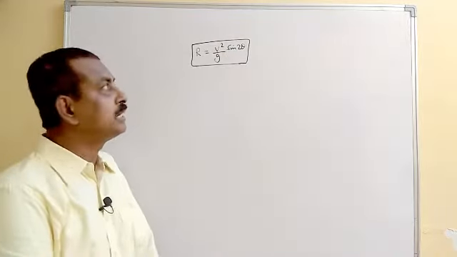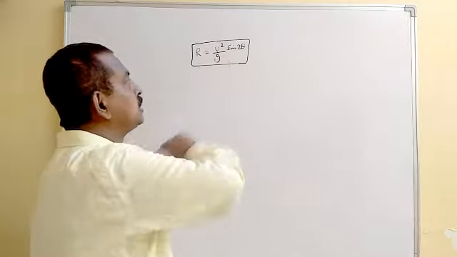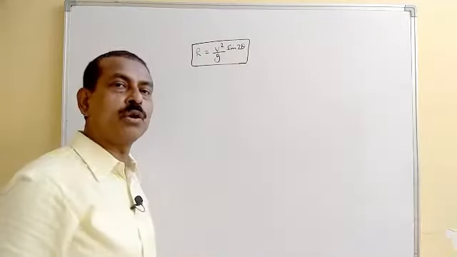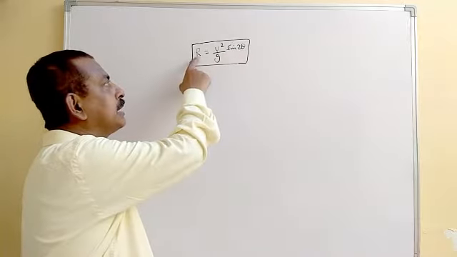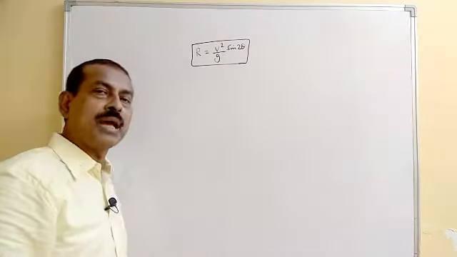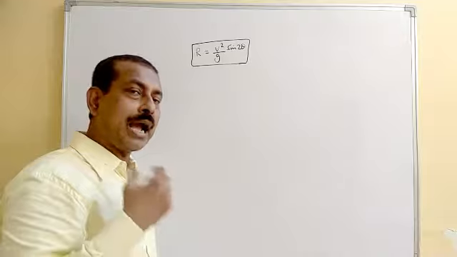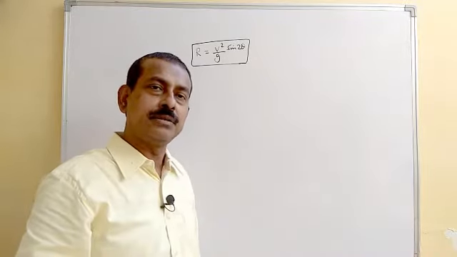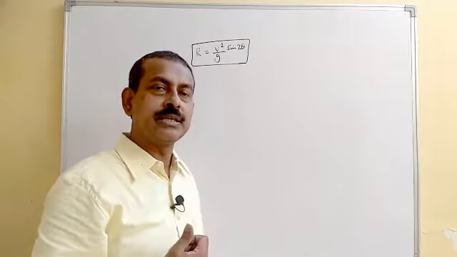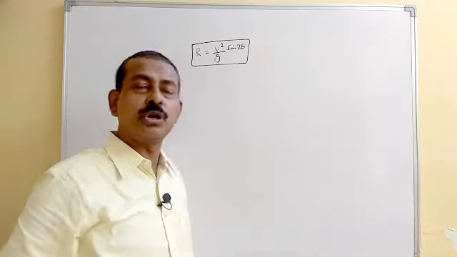Now you can see that this depends upon the velocity and also on the angle of projection. With increase of angle, sine theta increases, so the range should also increase.